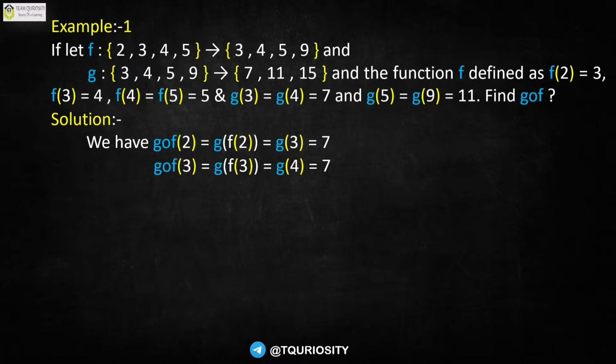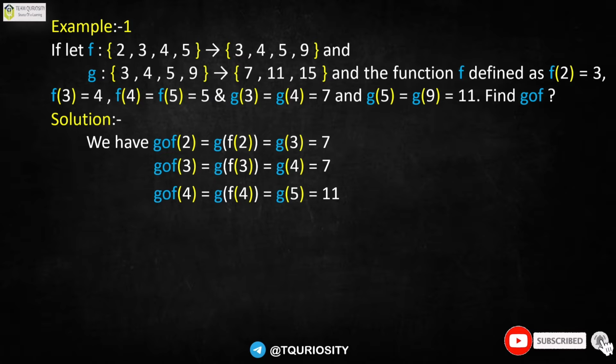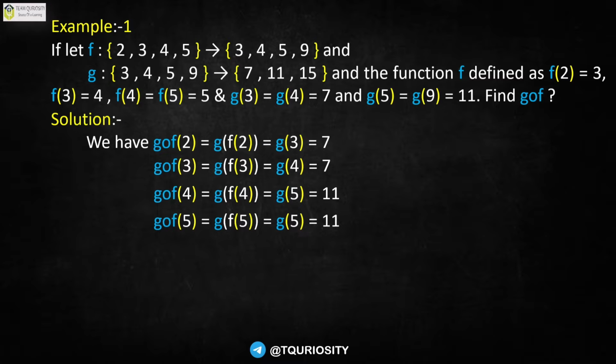Then g of 4 is equal to 7. Now g o f of 4 is equal to g of f of 4, which is equal to g of 5, which is equal to 11. Similarly, g o f of 5 is equal to g of f of 5, which is equal to g of 5, which is equal to 11.